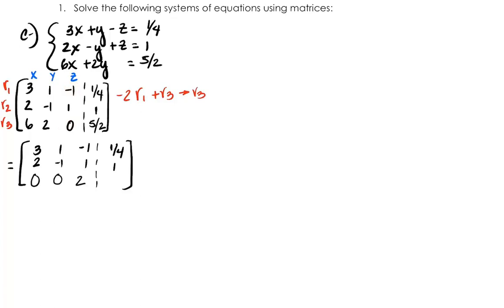And -2 times 1/4 is -1/2, plus 5/2 is 4/2, which is 2. Divide row 3 by 2 to simplify it.